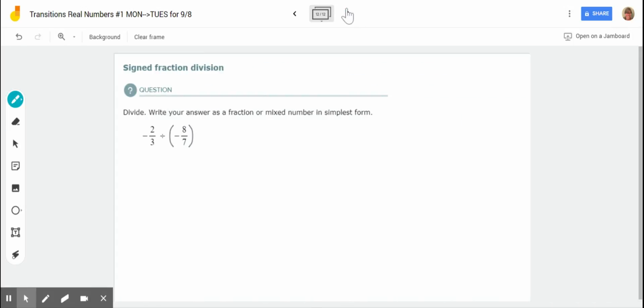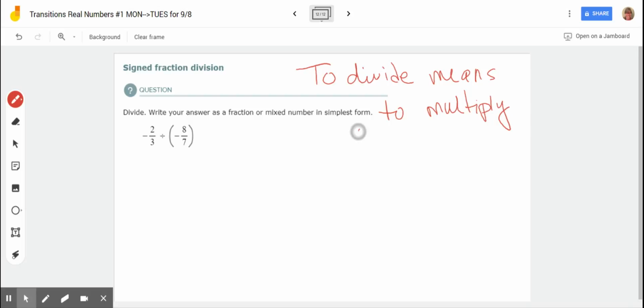Okay, next, last one. Okay, divide. I want you to remember that to divide means to multiply by the reciprocal.